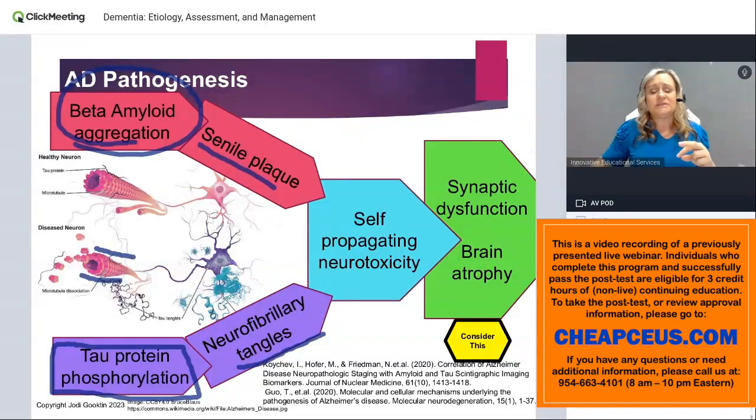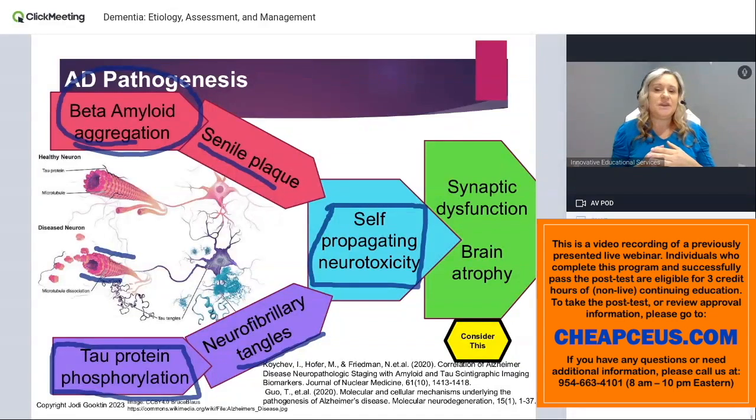These two processes together, they are what we call self-propagating. Some of the research says that these are the seeds of corruptive templating of those neurons that continues to lead to neuron damage.